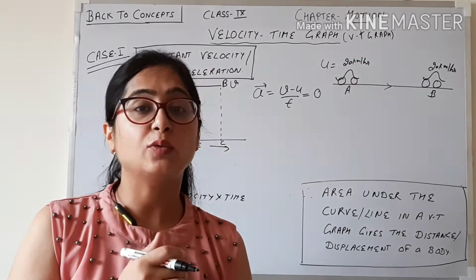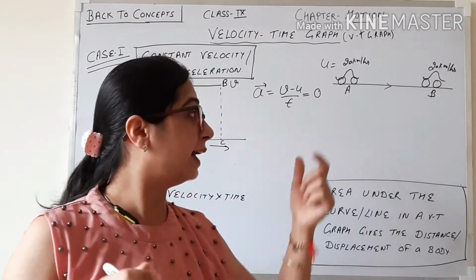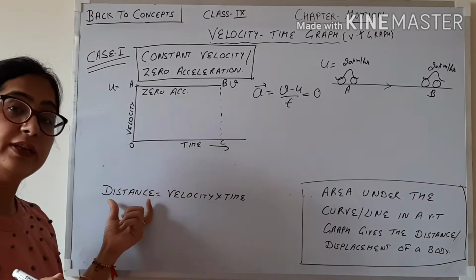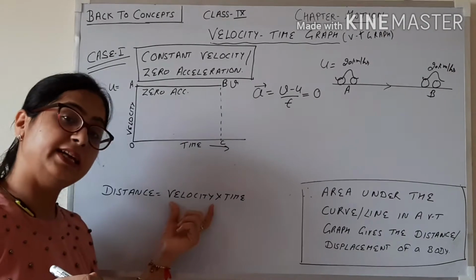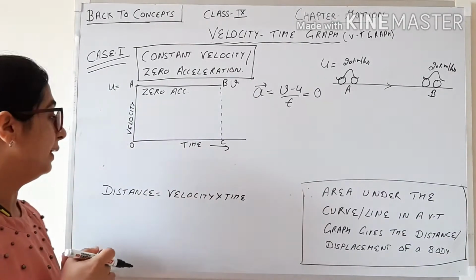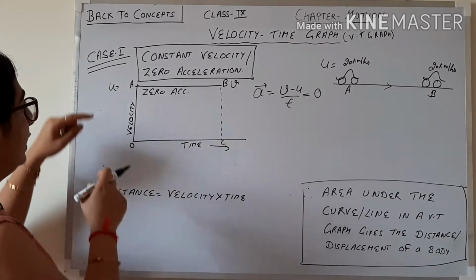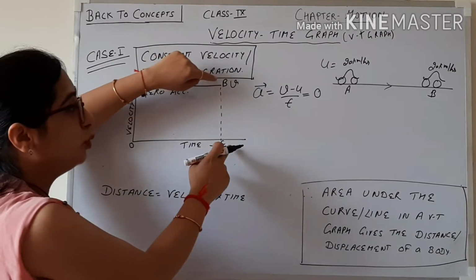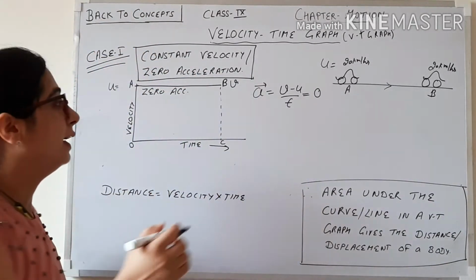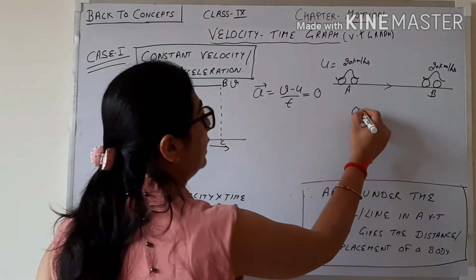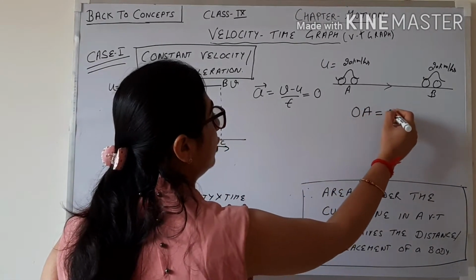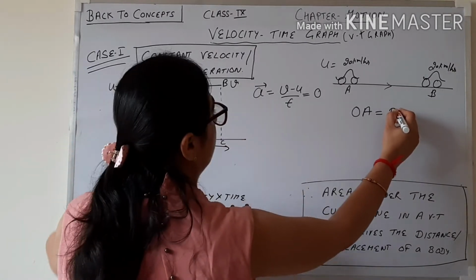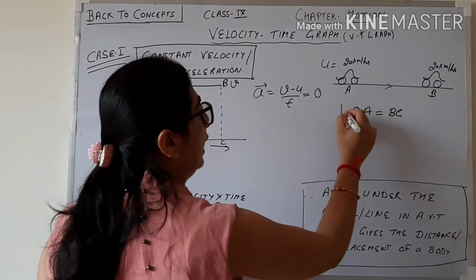Now, how to calculate the distance traveled by the car in this graph? Distance traveled, we know, is equal to velocity multiplied by time taken. And what is the velocity? Here velocity is represented by OA, which is equal to BC, because the initial velocity is equal to the final velocity, 20 km per hour.